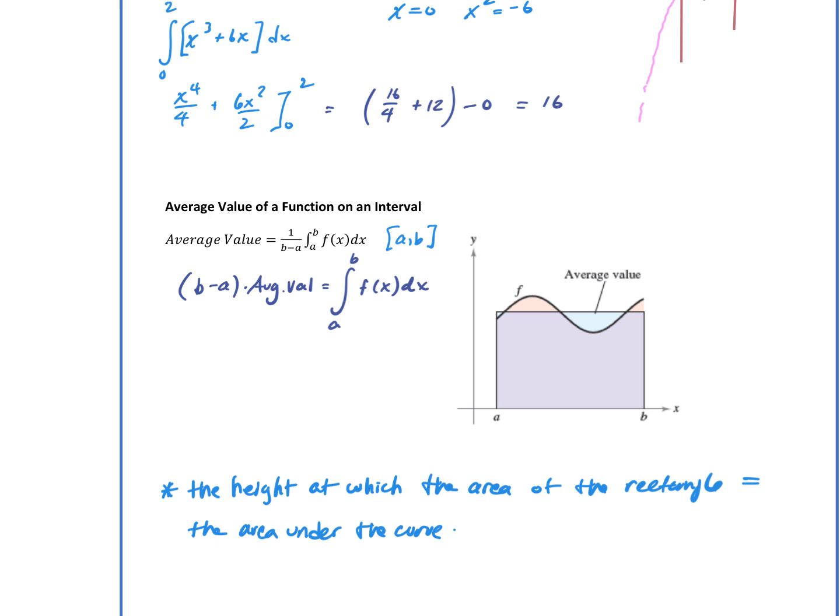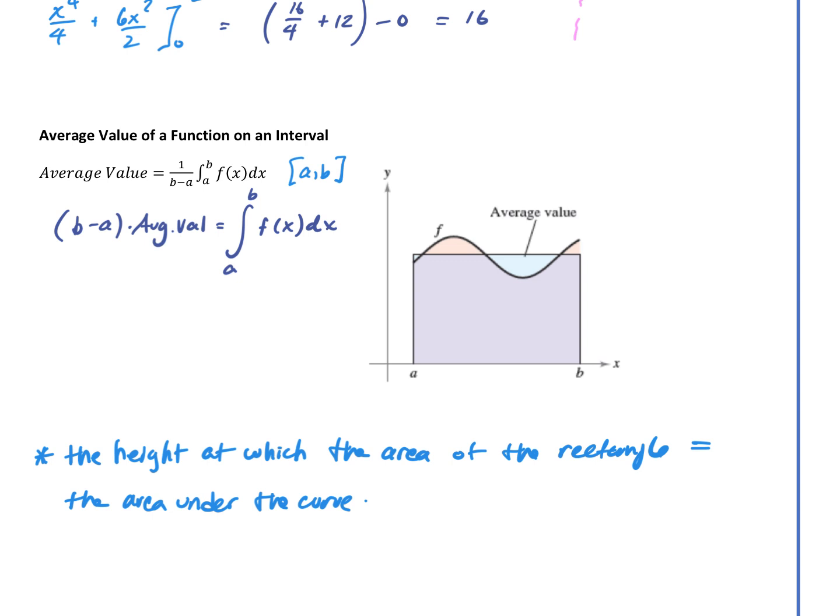If you look at my curve here, the area under the curve would be all of that. That would be the area under the curve. What the average value is, it's the height. In this case, they're showing us that the average value, the height, is right here.